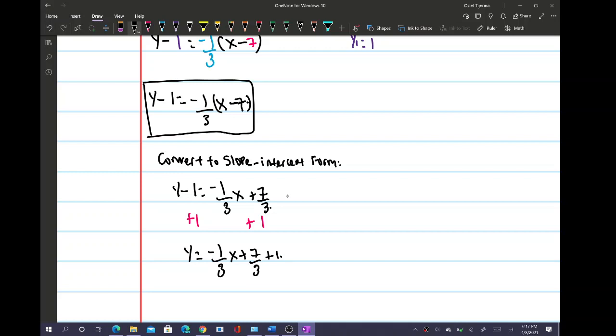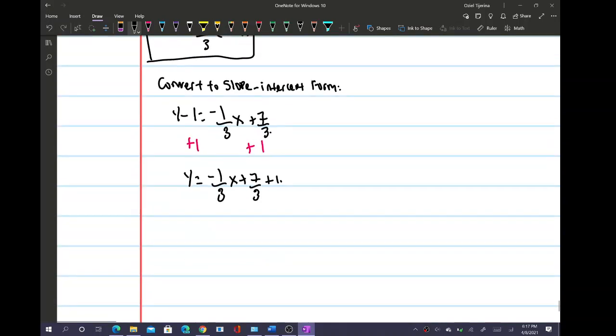If you don't remember how to add a fraction with a whole number, basically you make the denominator the same, so 7/3 plus 1/1.